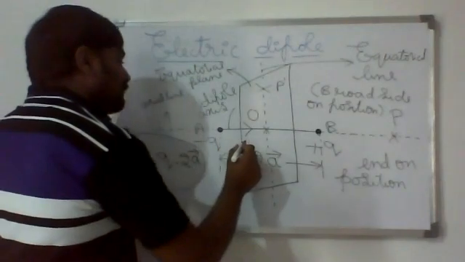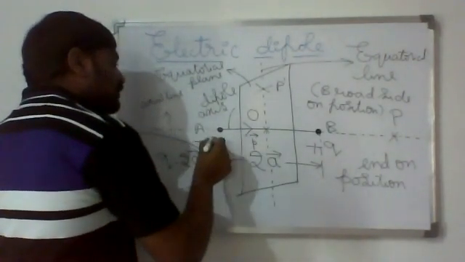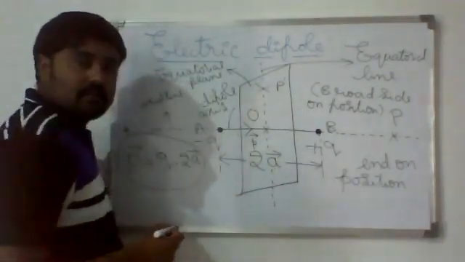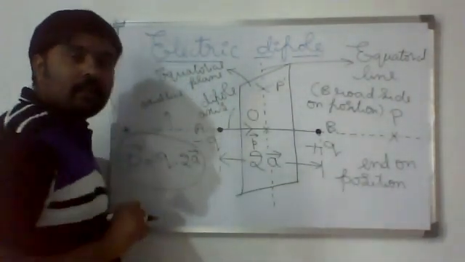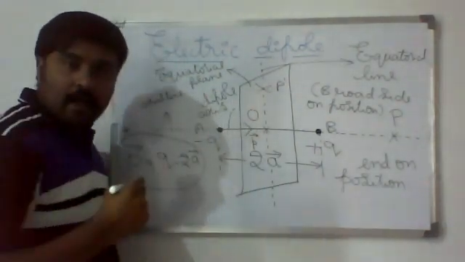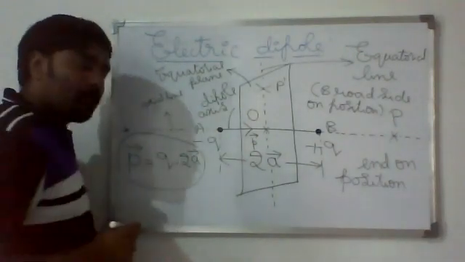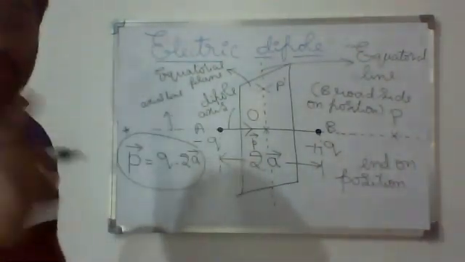So what is the direction of dipole moment? It is from negative charge to positive charge. So this is the direction of dipole moment. Electric dipole moment is a vector.